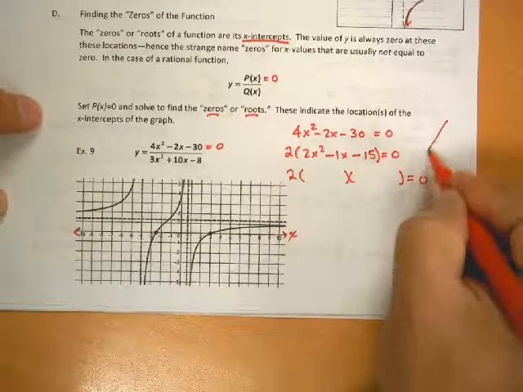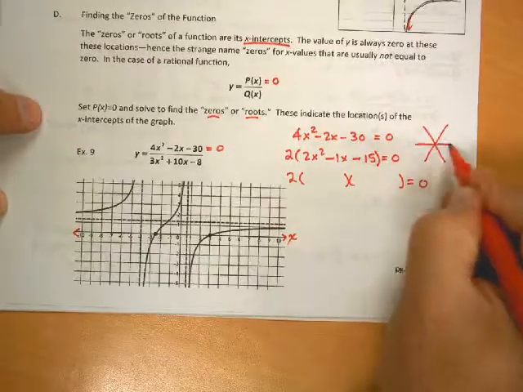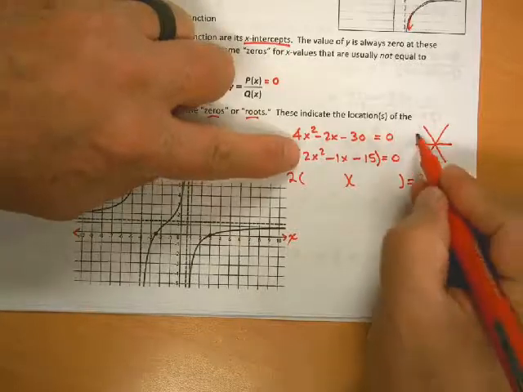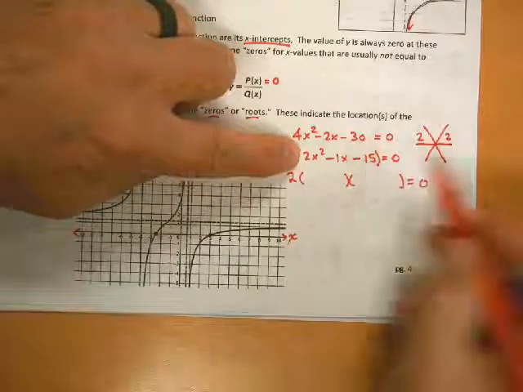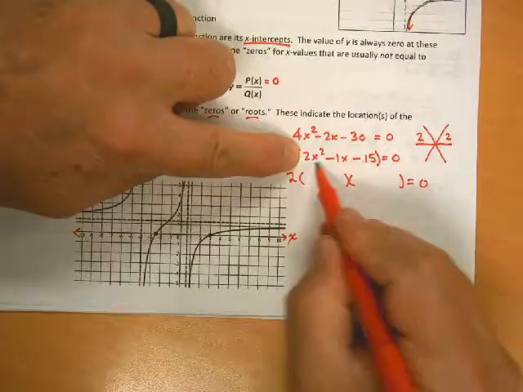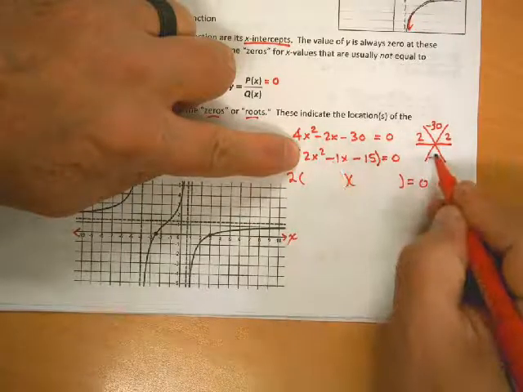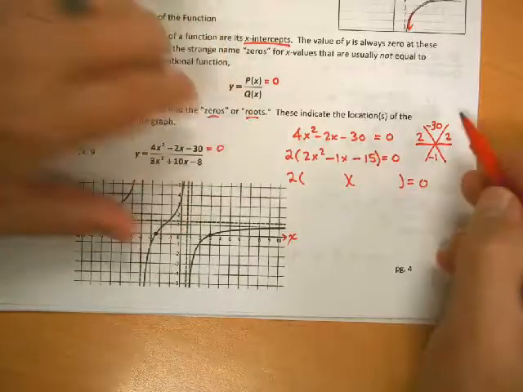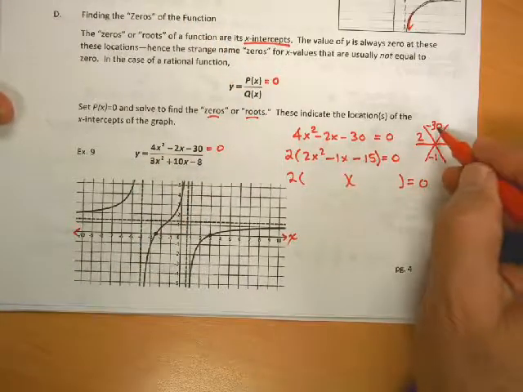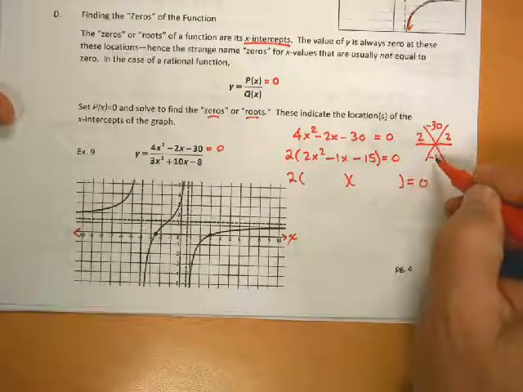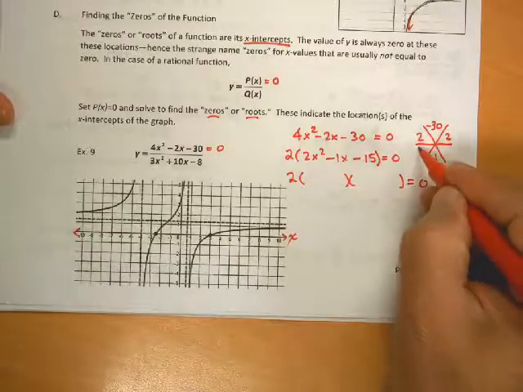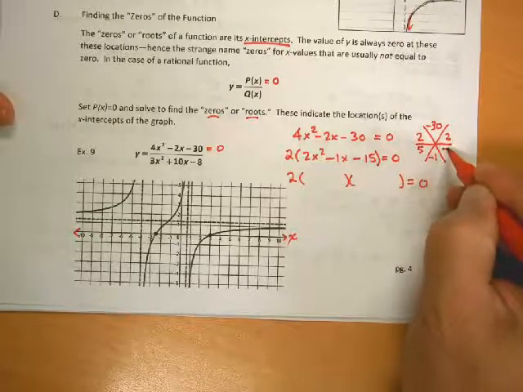Let me set up a little star over here. My leading coefficient is 2. The product of the a and the c is negative 30. The middle one is negative 1. Now I'm trying to find two numbers that multiply to give negative 30 and add to give negative 1. Well, that would be 5 and negative 6.